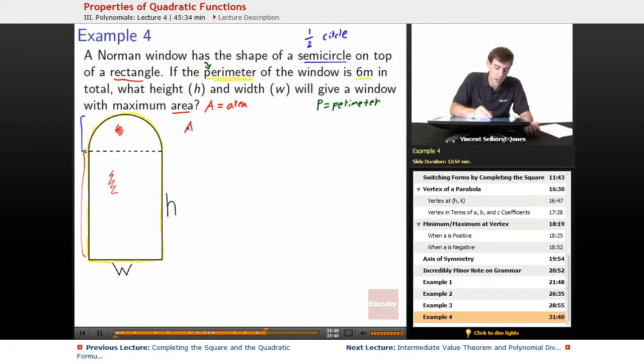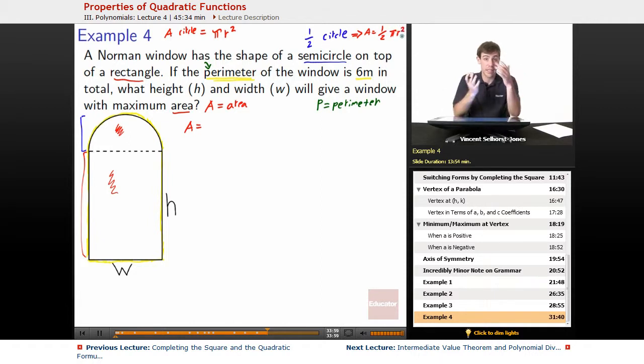So area of our semicircle, well, what's the area of a circle? The area for a circle is equal to pi r squared. So a semicircle, if it's a half circle, that's going to be area equals 1/2 pi r squared, because it's half of the circle, right? So we've got 1/2 pi r squared.